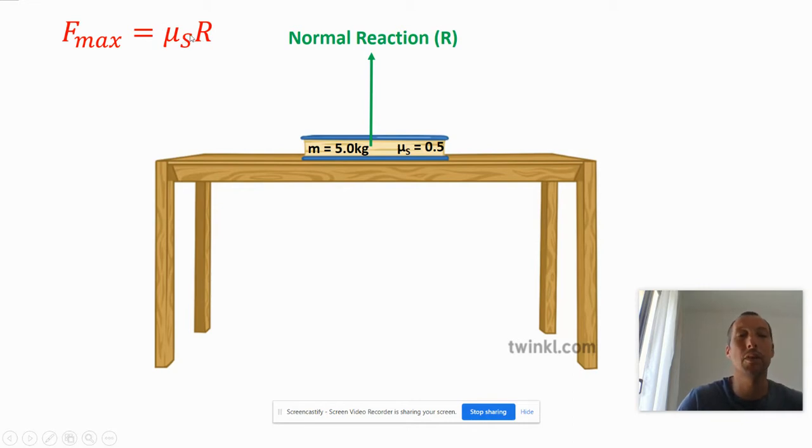You times it by the coefficient of static friction, and then the frictional force will always be less than or equal to this. So if I push on it with 10 newtons, that's not as great as the maximum frictional force. But when I get up to the point where it's just about to move, I can replace the inequality with an equal sign. So when I get to the largest value of static friction, it's going to be equal to this mu value, the coefficient of static friction, times R.